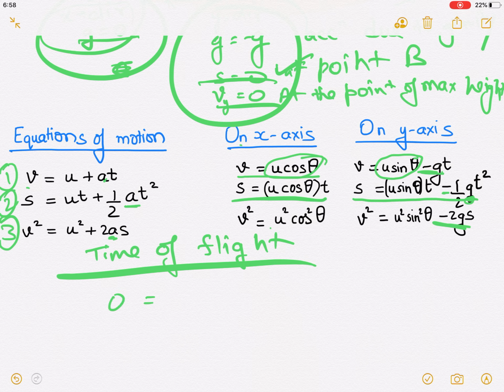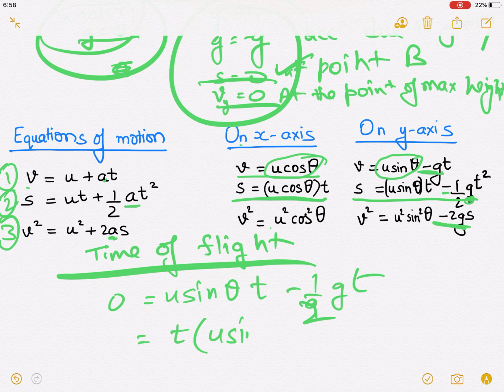So 0 equals u sin theta t minus half g t square, and taking t as common, t times (u sin theta minus g t by 2).